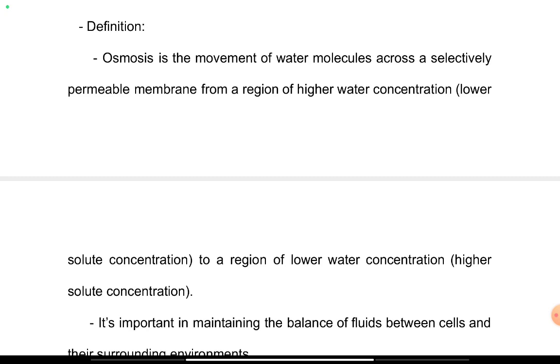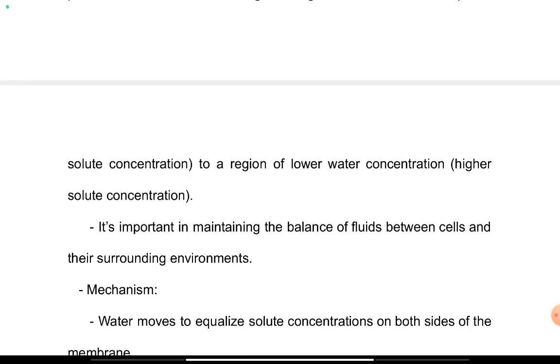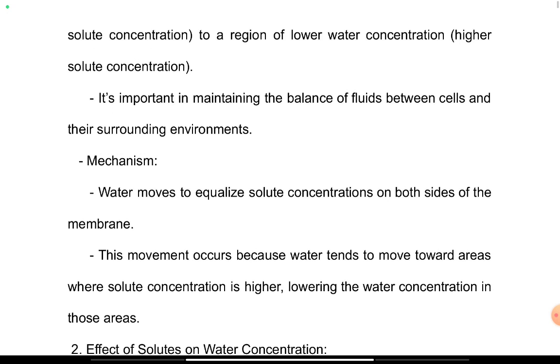The membrane is selective to water, but it is not selective to solutes, which are the electrolytes and proteins. Get it right. So osmosis is the movement of water across a selectively permeable membrane from a region of higher water concentration or lower solute concentration to a region of lower water concentration or higher solute concentration. As I've said, the movement is bidirectional.